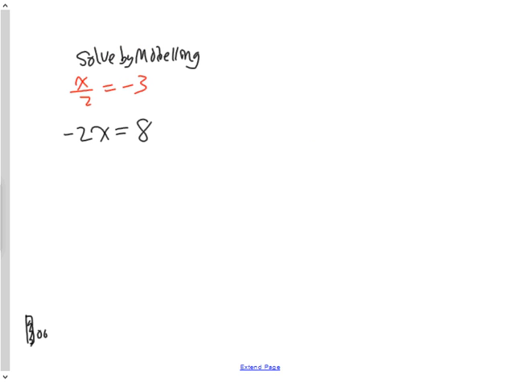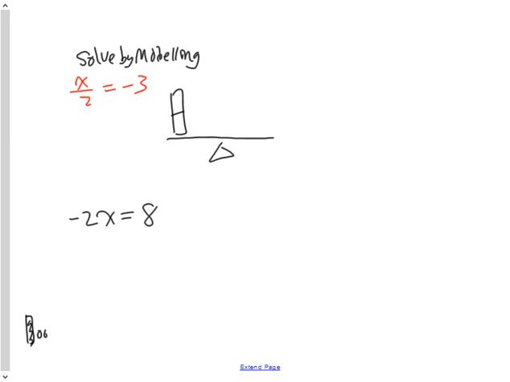Question 2 takes those same questions, but instead of solving by inspection, says solve by modeling. So the first one says half of x is equal to negative 3. So when we model it, we're going to draw half of x is equal to negative 3. Now, of course, from a modeling perspective, our goal is not to know what half an x is. We want to know what a full x is.